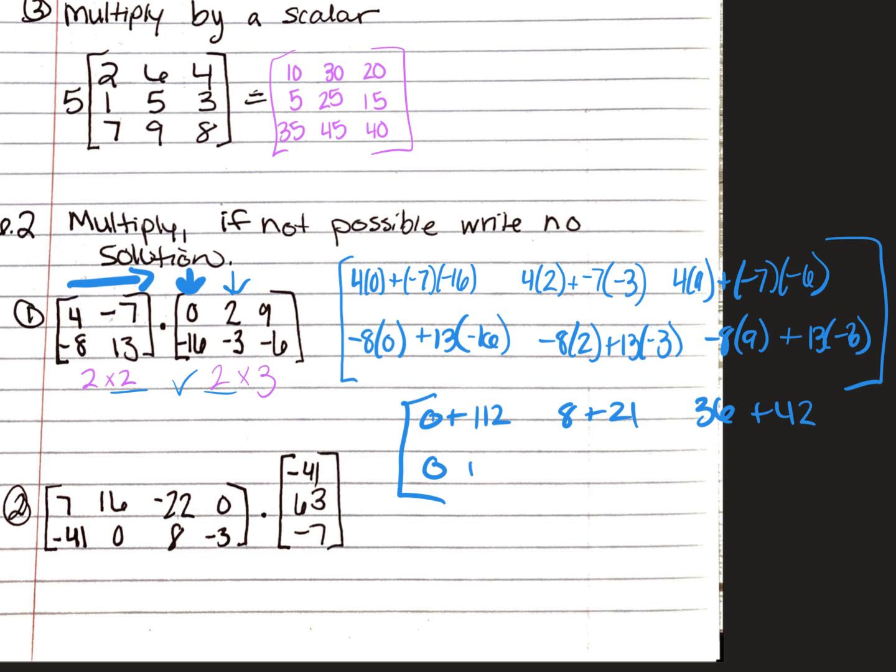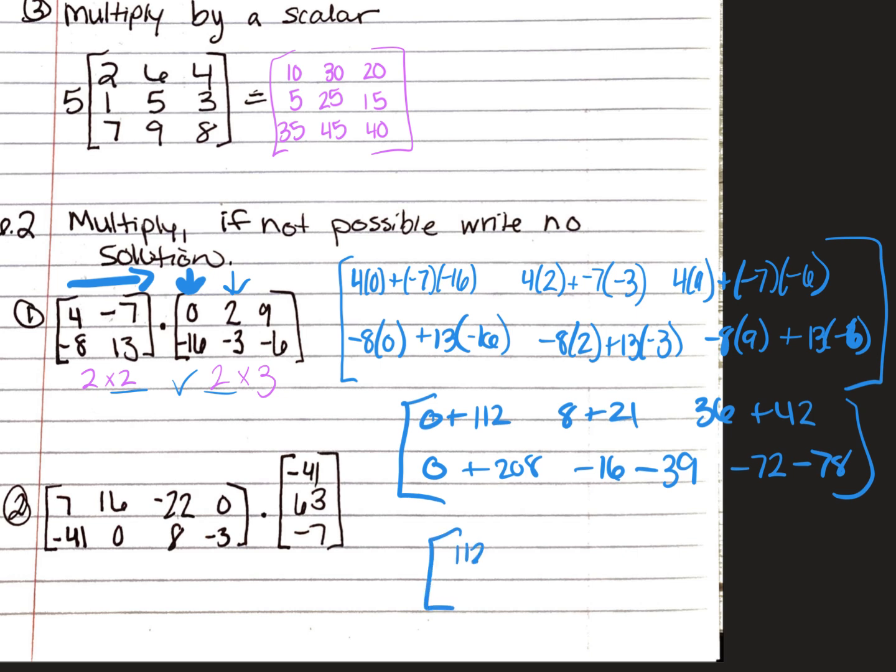And then 0 and 208, negative 16 and negative 39, negative 72, and also negative, oh, that's a 6. Negative 78. All right, so then add those together.